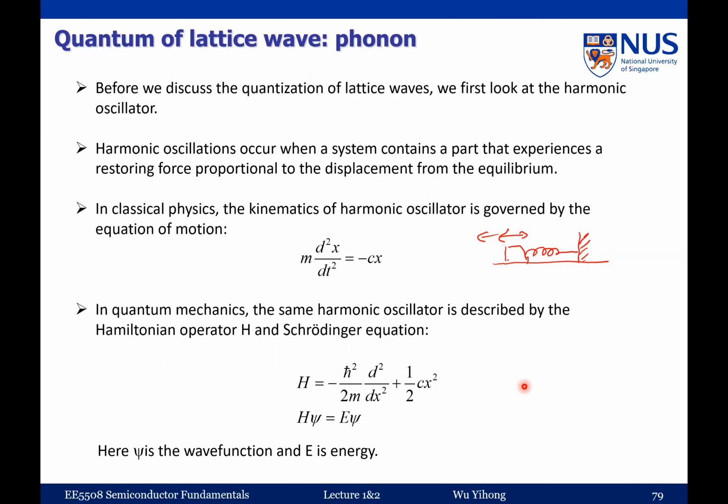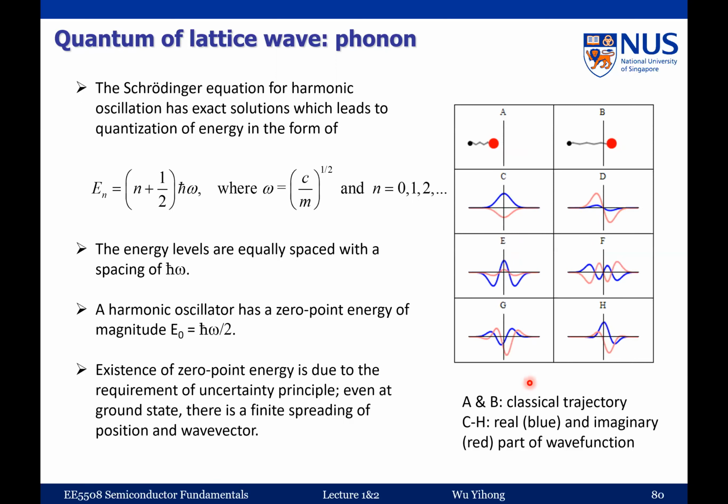This is a standard textbook problem, and they found that the energy of the harmonic oscillator cannot take continuous values. It can only take discrete values, and it's given by this very simple relation with respect to the angular frequency. The angular frequency is the square root of C over M, where M is the mass and C is the force constant we just introduced. And n is an integer, starting from 0 all the way to infinity, right?